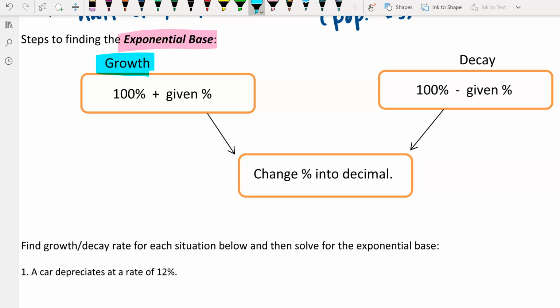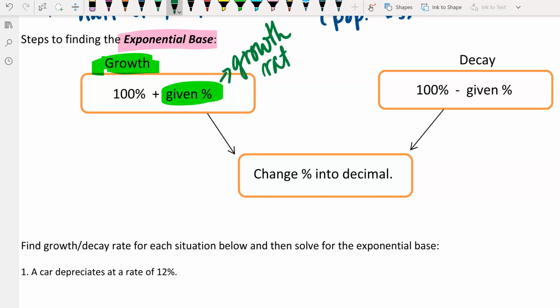So when you're talking about growth, that percent given, I'll use green because that's what we're using for growth. So green, the percent given, this is the growth rate. And to get the base itself, you're going to add that to 100.